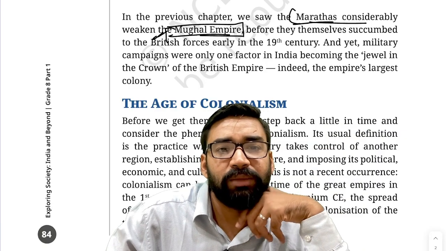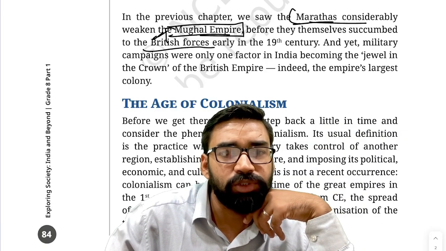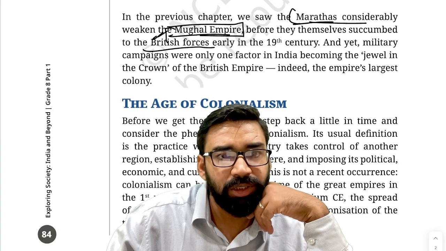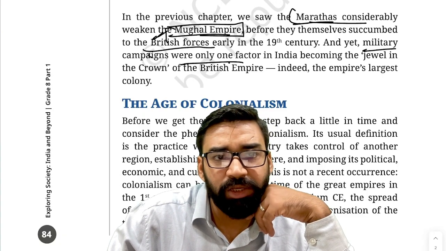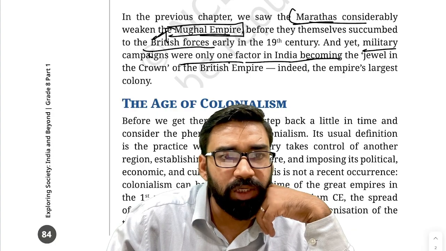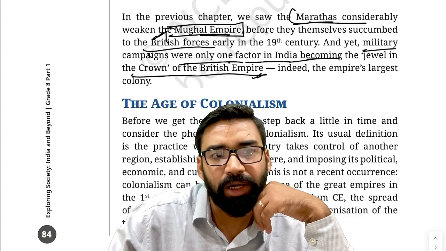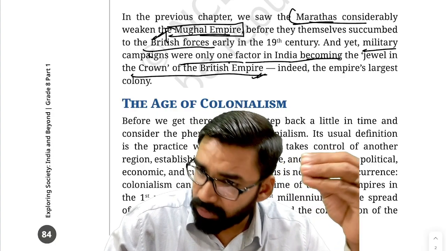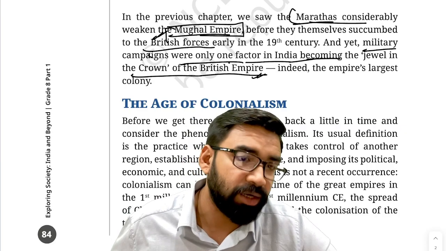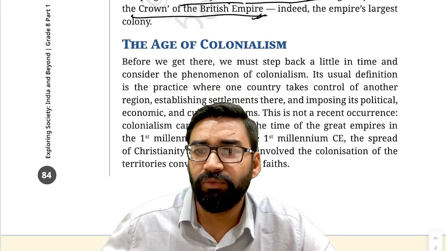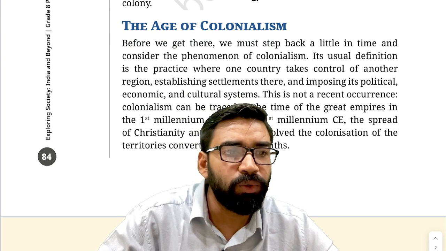And before they themselves succumbed to the British forces early in the 19th century. Military campaigns were only one factor in India becoming the jewel in the crown of the British Empire, and the military factor is one of the most important reasons how the Britishers made their empire in India. Now we are going to start with the age of colonialism.